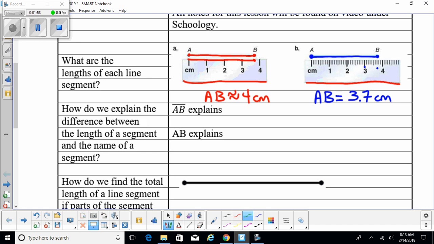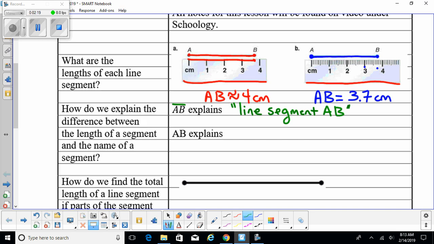It says, how do we explain the difference between the length of a segment and the name of a segment? AB with a line over it, we just learned, describes line segment AB. If I were to say, hey, that's line segment AB, I would know that because there's a line on top of it. It doesn't have 2 arrows, so I know it's not the actual line.